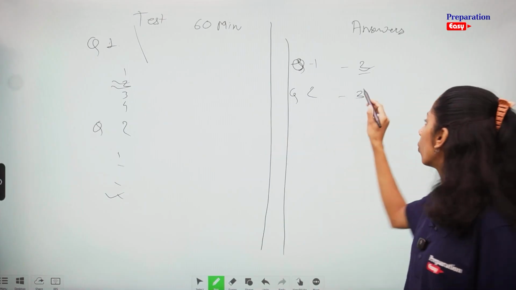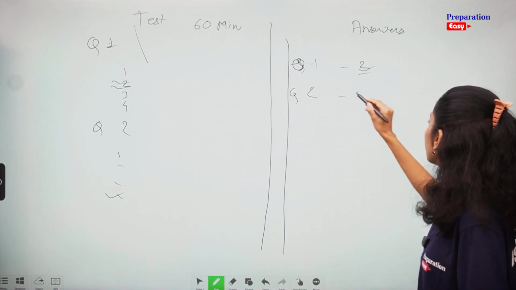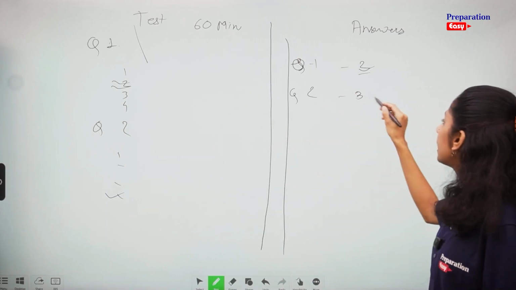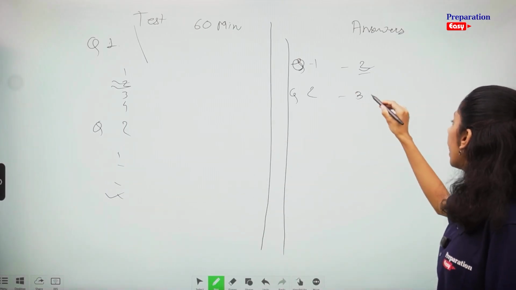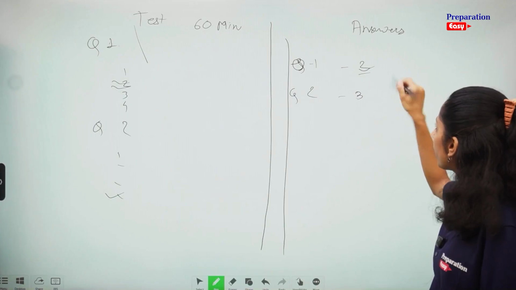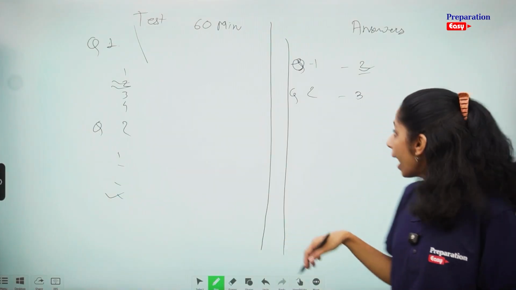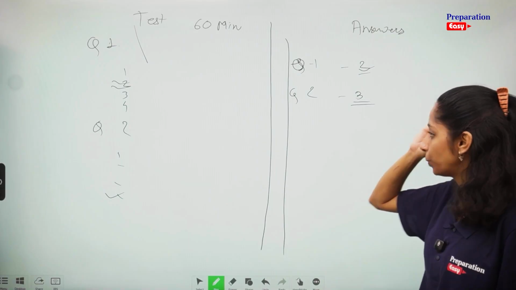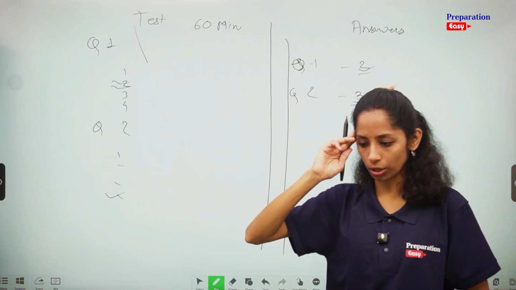If you answered wrong, for example you chose option 4 but the correct answer is option 3, and you check your answer sheet and see question 2, option 3, okay, got it.